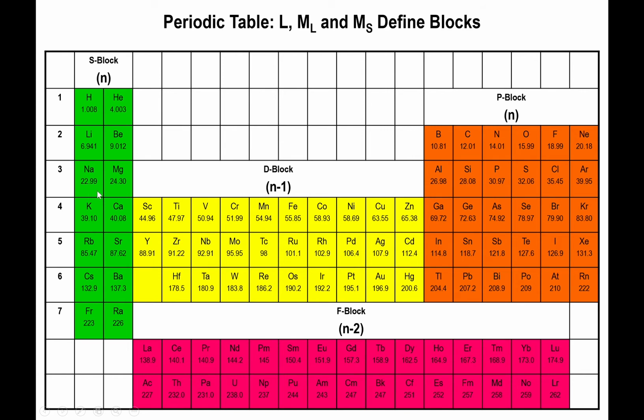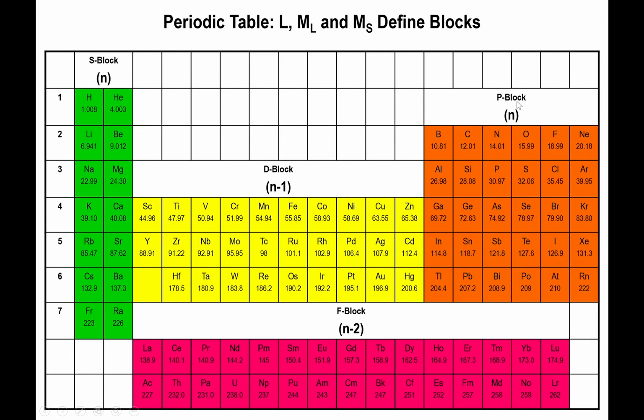So if you're dealing, for instance, with sodium, the specific orbital and energy level of the last orbital in the list is going to be the 3s orbital for sodium. Same thing for magnesium. Now in the case of the groups here in orange, all the way to the right past the transition metals, these are known as the p block elements.